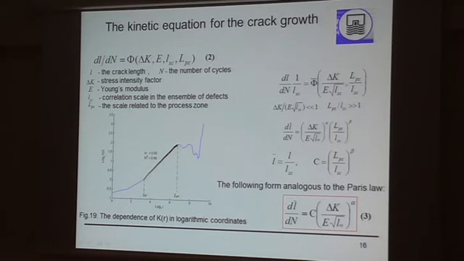Dividing both sides of the kinetic equation for crack growth by L_SC, we have a similarity law, where alpha is a universal exponent.